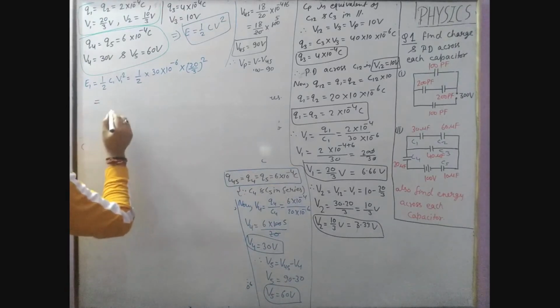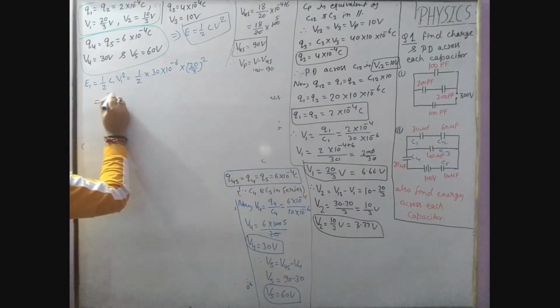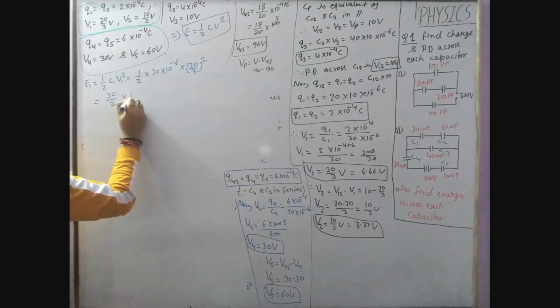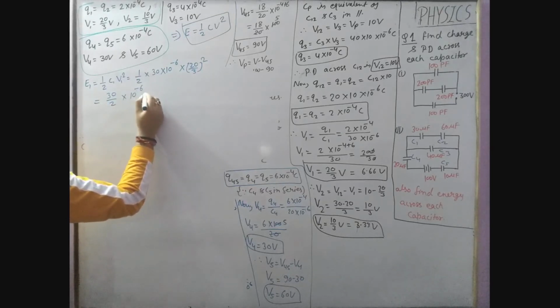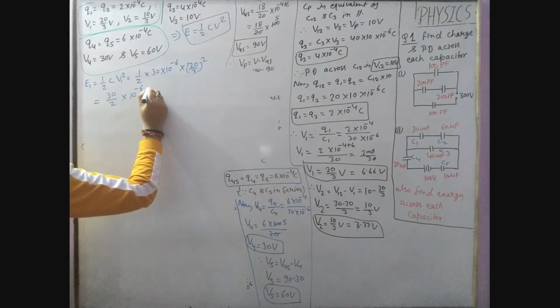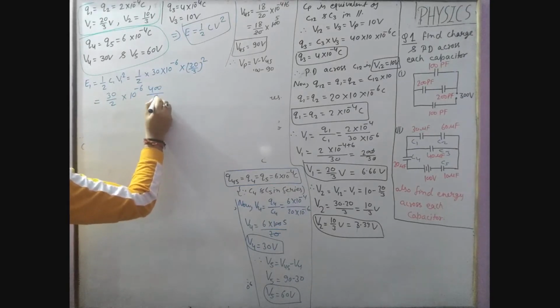We calculate 30 by 2 into 10 to the power minus 6 into 400 upon 9.